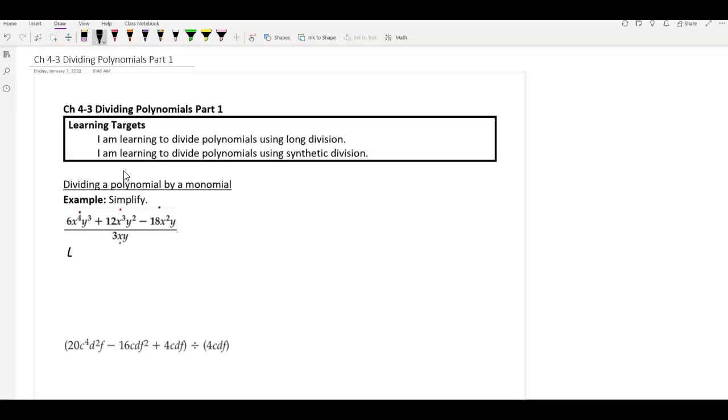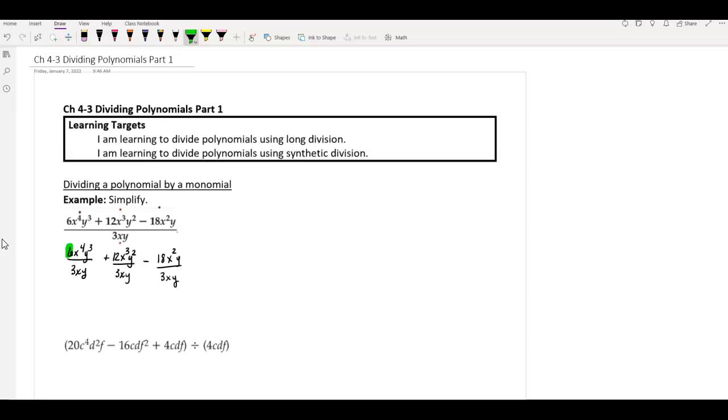So I'm actually going to take each term in my numerator and divide it by the term in my denominator. When we do this, it becomes a simple series of simplifying monomials.